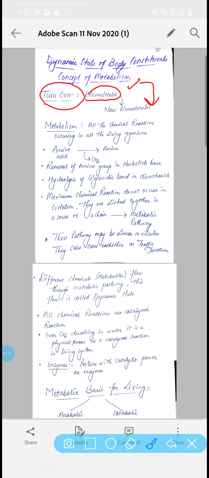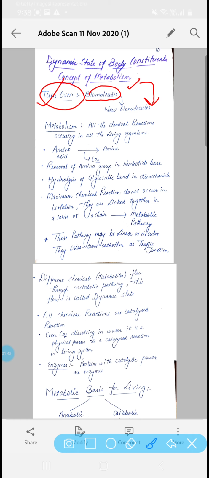So they keep on transforming from one form to another. This property is termed as turnover. Every biomolecule having a turnover does not stay the same always.